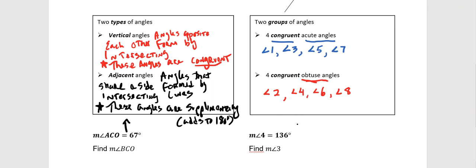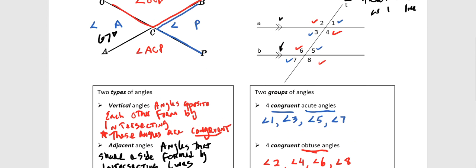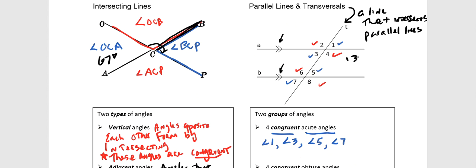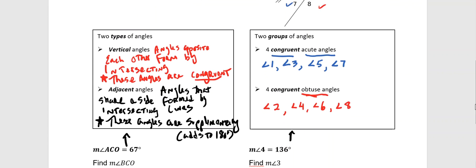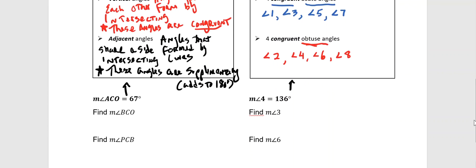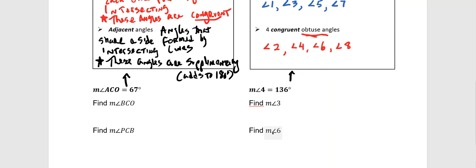Likewise, in this set of problems down below, you're told that angle number 4 is 136 degrees, and you're going to use that information along with what was explained in this video to help you figure out the measures of angle 3 and angle 6.